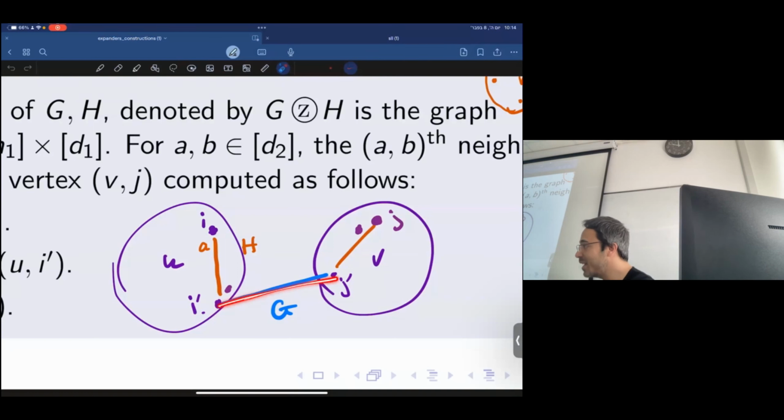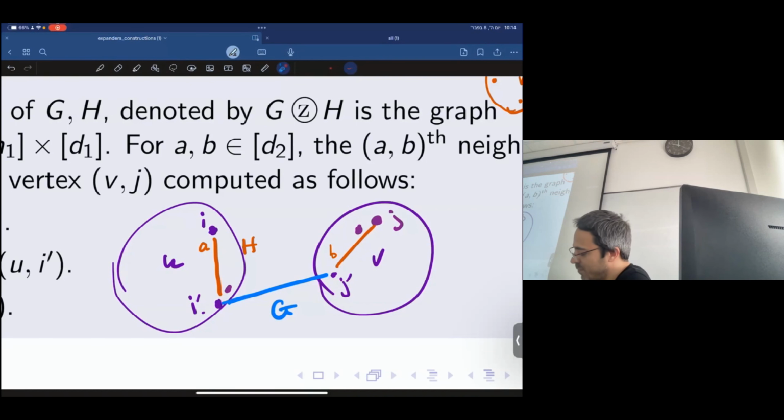Then you take the unique neighbor of U, so the I prime neighbor of U. I prime is the vertex you reached by moving from I using A. So this moves you between the clouds, so that's an intercloud step. And then you use your second label B to move from whatever you got to another vertex of H. And the reason you got to J prime was because V is the I prime neighbor of U, but V considers U as the J prime neighbor.